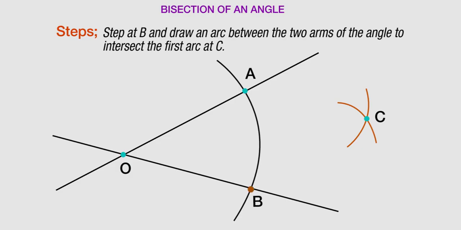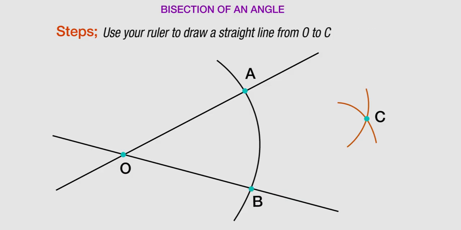Name that point of intersection C. Now place your ruler and draw a straight line from O to C. The line OC becomes the angle bisector of angle AOB. Good.